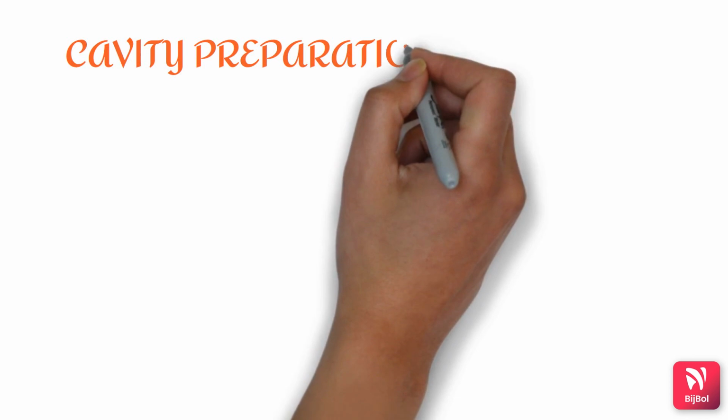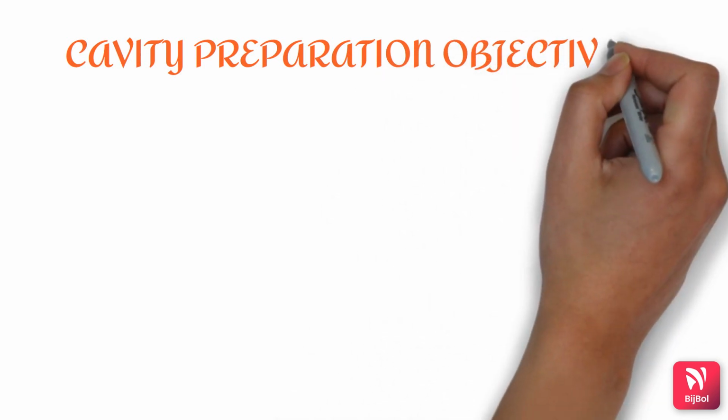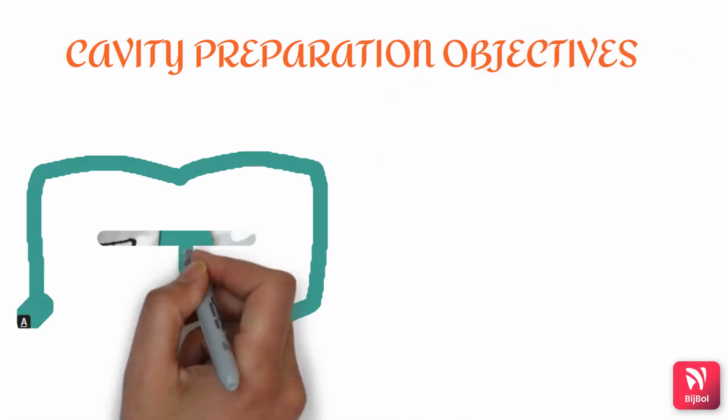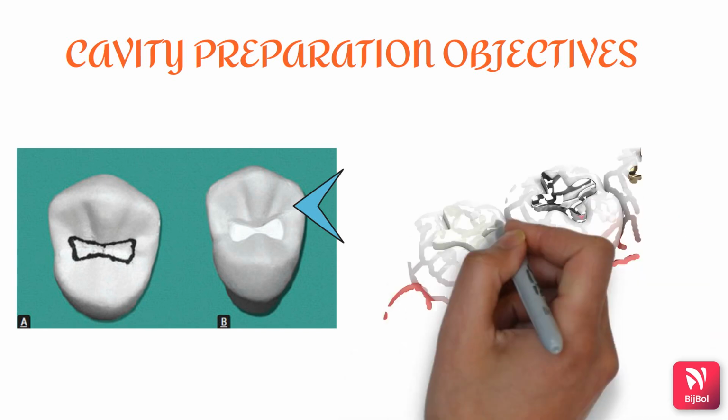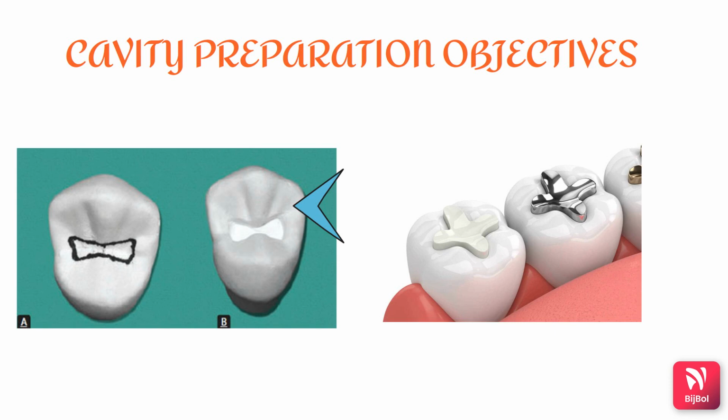That includes the removal of all the defects, at the same time preserving the vitality of the pulp while preparing the cavity. It should also make the margins conservatively, limiting the extensions of the cavity. It should also allow the aesthetic as well as the functional placement of the restorative material.